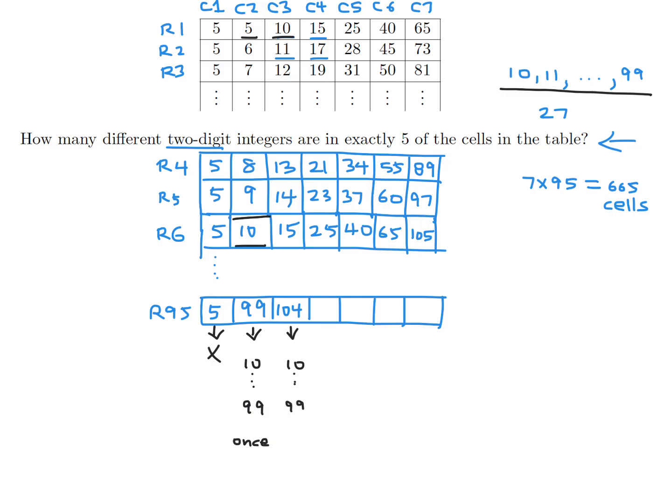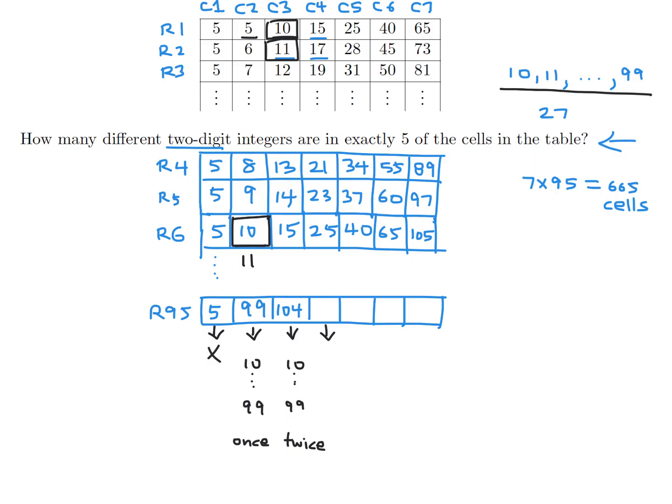And therefore, cumulatively, these numbers look like they appear twice. Like the 10 appears, for example, here in that cell, but it also appears here. And similarly, the 11 will appear here, but then the 11 also appears here. So every number from 10 until 99 will appear twice, once in a cell in column 2 and once in a cell in column 3. All right, moving along to C4.